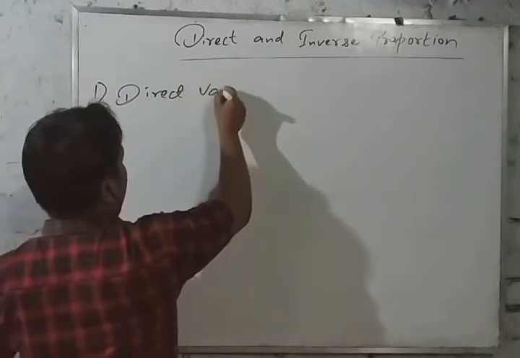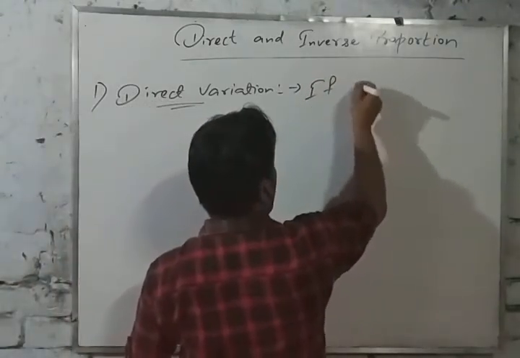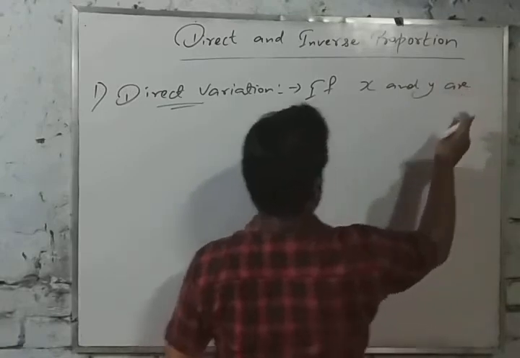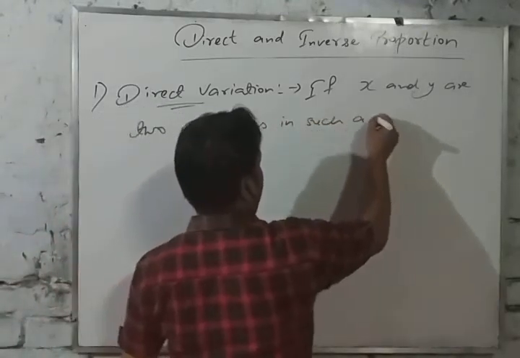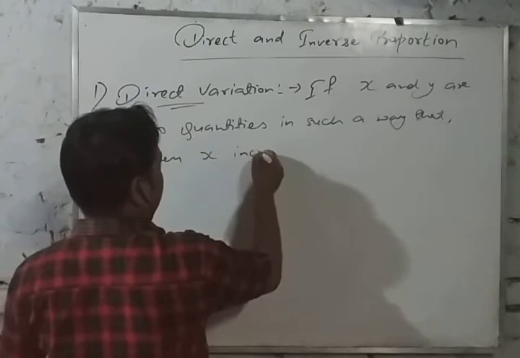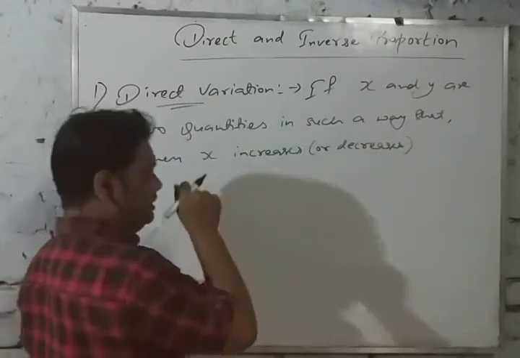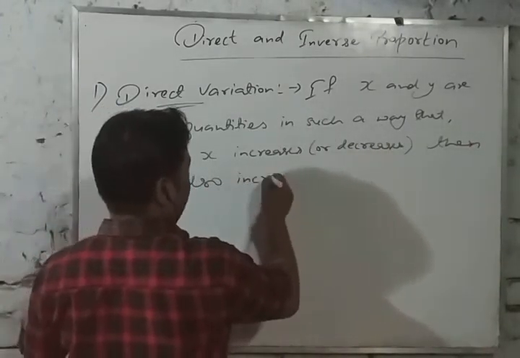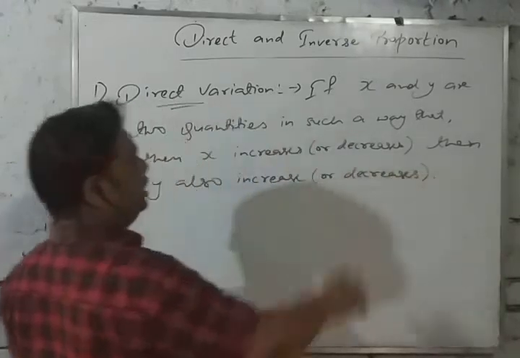Direct variation: if x and y are two quantities in such a way that when x increases or decreases, then y also increases or decreases, then it is called direct variation.